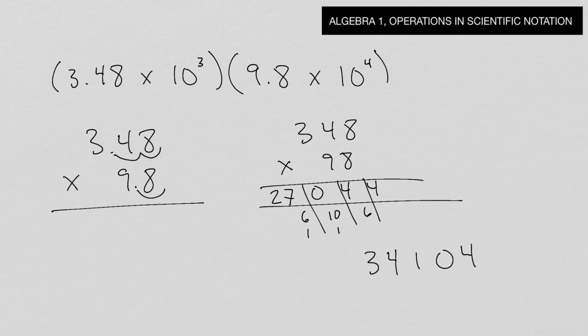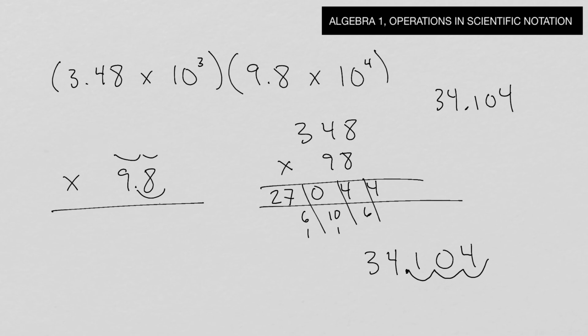Remember that we backed this out 3 places, so we need to back it back in 3 places. So we have 34.104. When I multiply 3.48 times 9.8, I get 34.104.